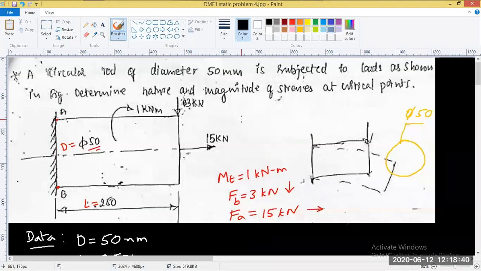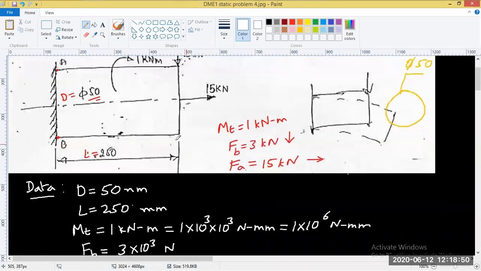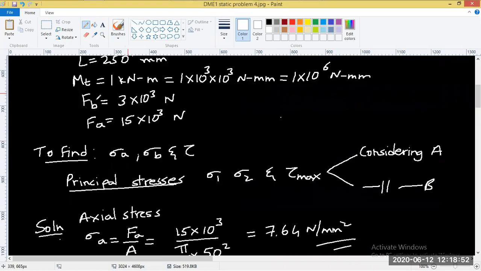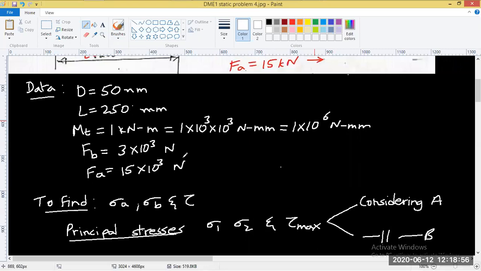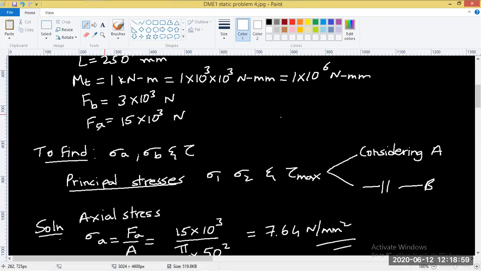We solved about 30% of this in the previous class. What we did was note down the important data which is required, convert everything into newtons and mm, and note the bending force and axial force.